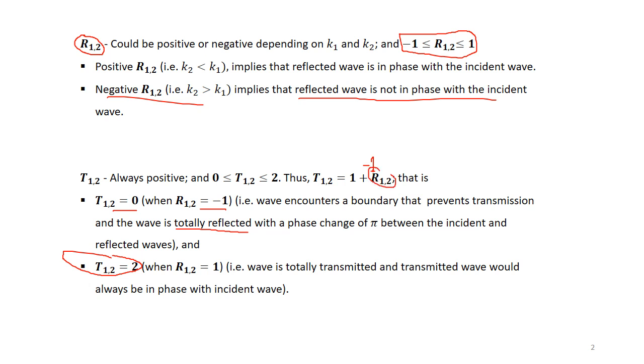That means your transmission coefficient will be 1 minus half, which is half, which will fall within this range. That means that part of the wave is transmitted and part is reflected. Okay, so that's the understanding.